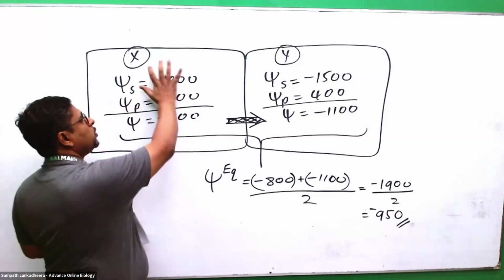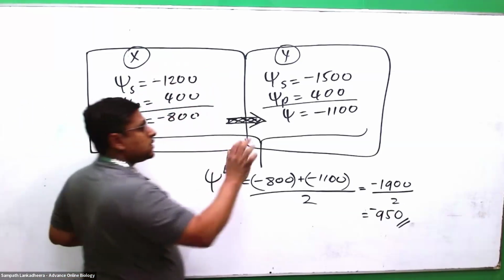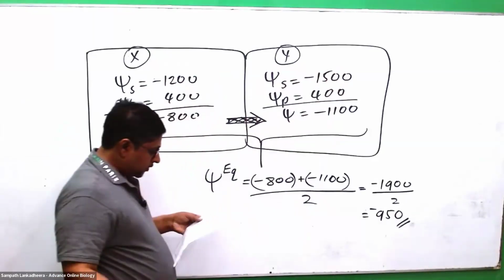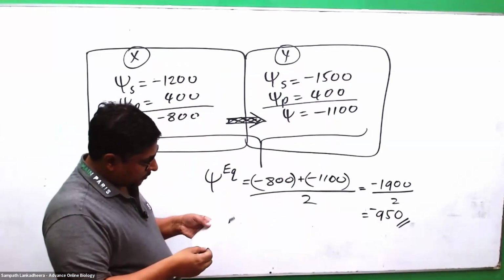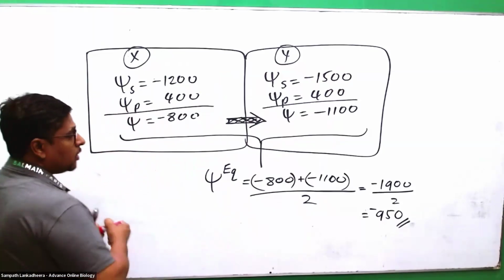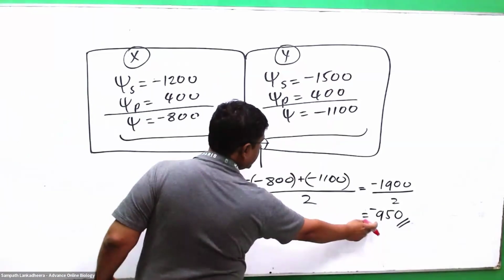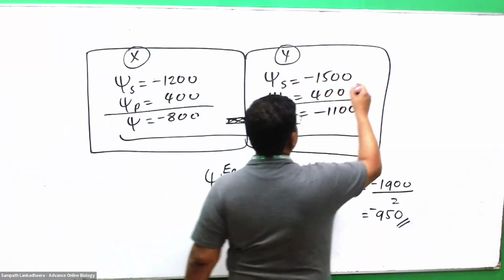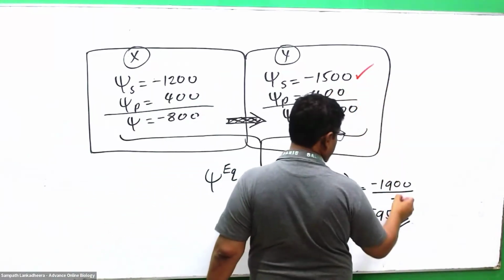So cell X solute potential is minus 1200, cell Y solute potential is minus 1500. What is the pressure potential at equilibrium? Now you know the equilibrium water potential, and the solute potential is not going to change.